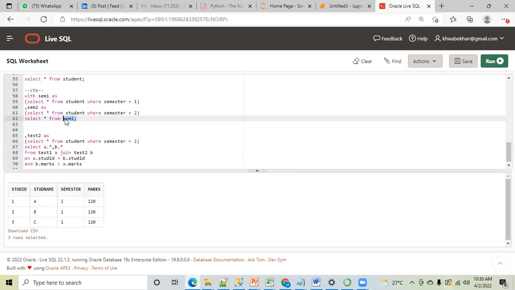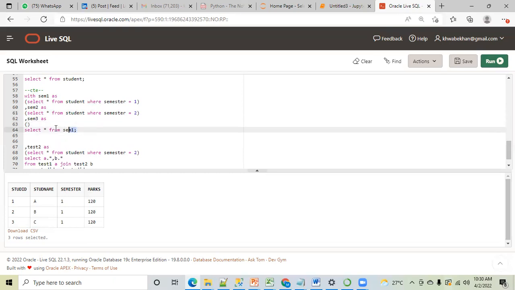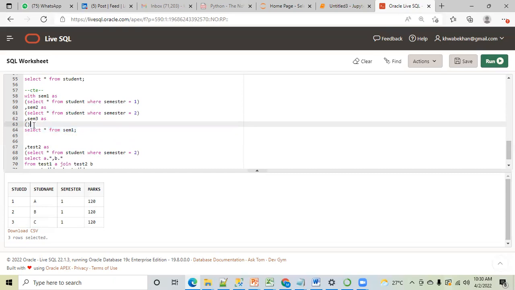Here I've written SEM1, so I want the data of SEM1 only. I repeat, you can create n number of temporary tables here. Again, I can write semester 3 and some query. But it will display only those records which you have written in the select star from that particular table. Is that clear?